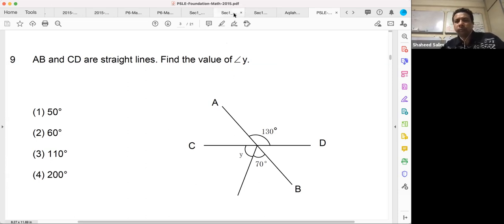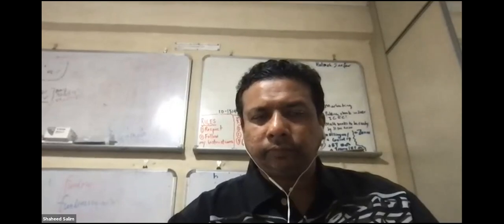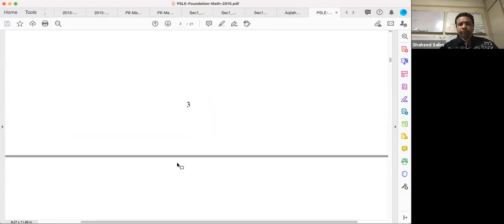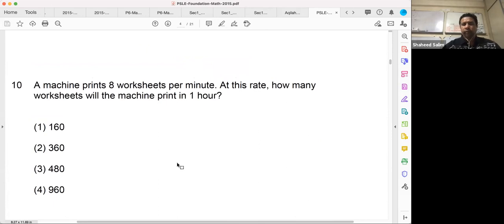Okay, well done. So let's see. You know that this one is a straight line, and this one is also a straight line. This is equal to this. This plus this is 130. So 130 minus 70 is 60, correct? Well done. Now understand what they're saying.